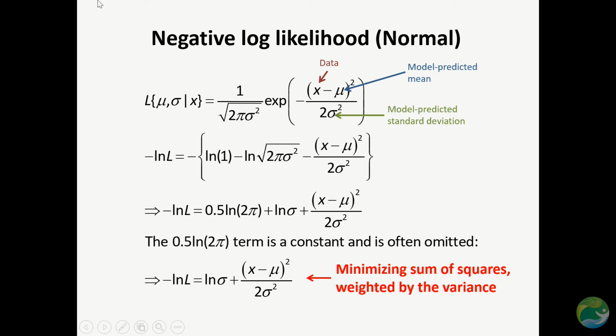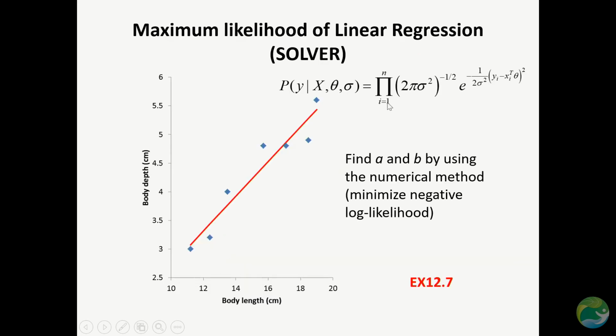So how to solve mu and sigma? We can minimize the sum of the squares and the variance, right? For this negative log likelihood, we can minimize it. So we can do the maximum likelihood estimation for the linear regression by using the probability density function.